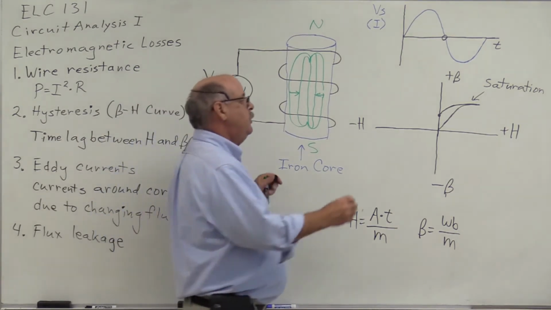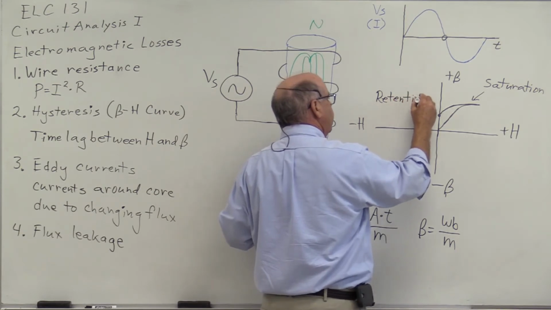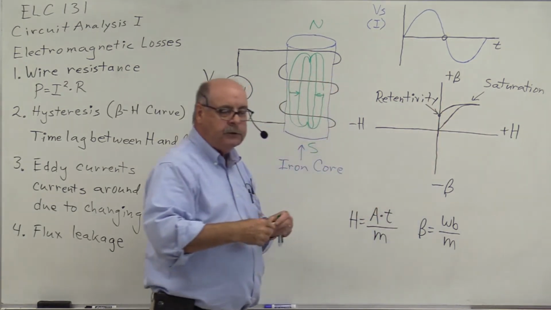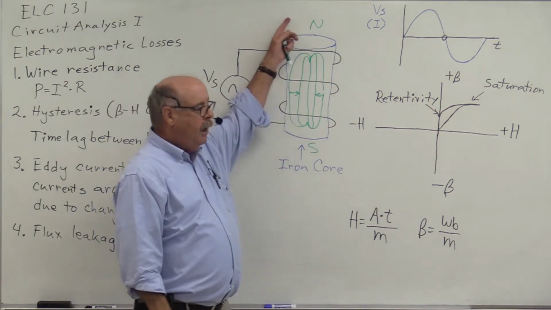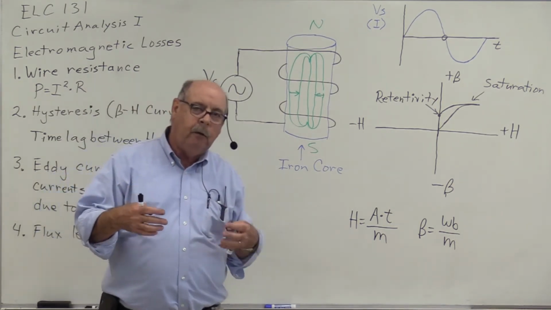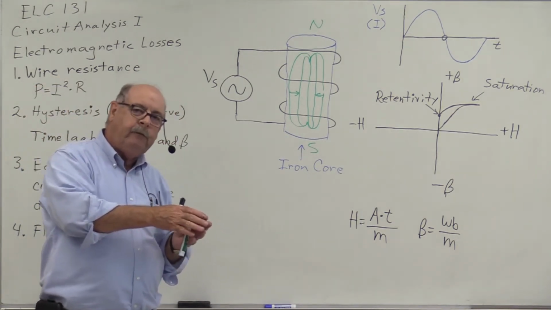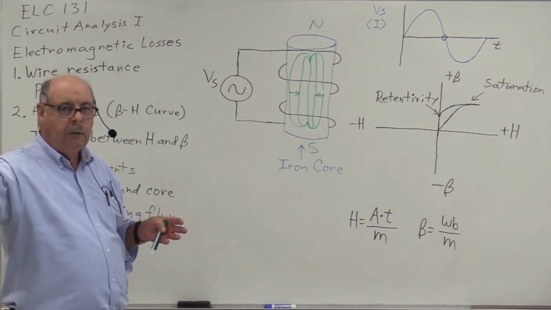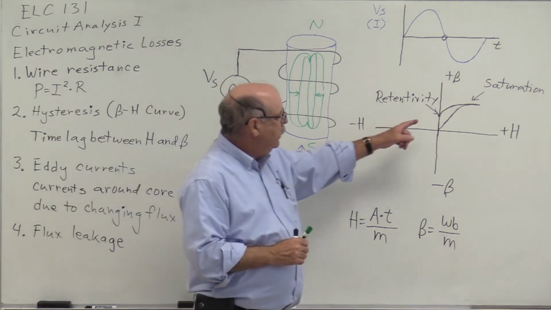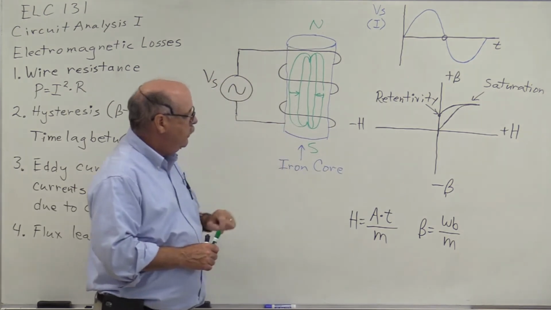And this is termed retentivity. It means that some of the flux is retained in the positive direction because some of those pesky little orbital electrons have stayed out in the outer orbit. They haven't fallen back to the lower subshell. So even though the current is zero, there's still a magnetic field north to south.